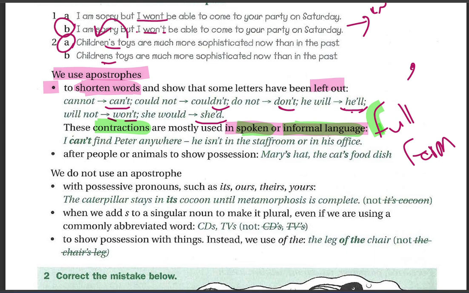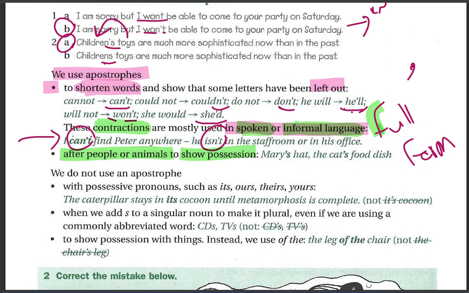Look at here, the example. I can't find Peter anywhere. He isn't in the staff room or in his office. So when it's informal, you use can't, isn't, yeah? The next, after people or animals, to show possession.